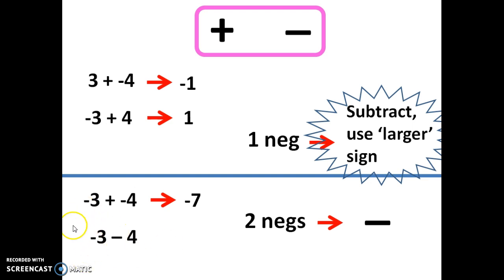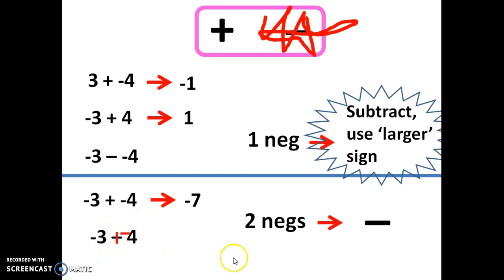So instead of taking -3 minus 4, or -3 minus -4 up here, we change these to addition whenever we subtract integers, and then we add. So we're going to add, but when we add here, we have to add the opposite. So -3 minus 4 is the same thing as -3 plus -4, which is a -7, because we have two negatives and we're adding them.